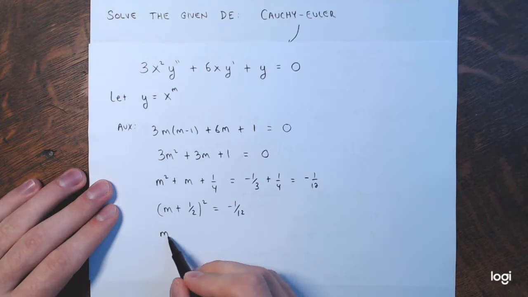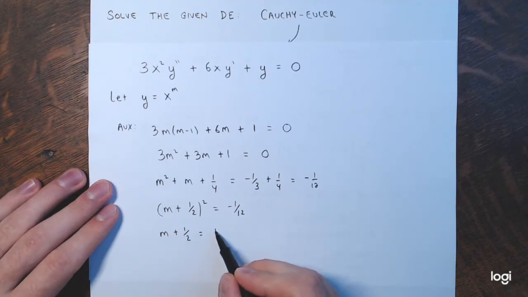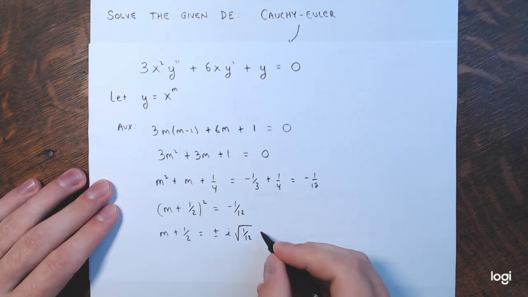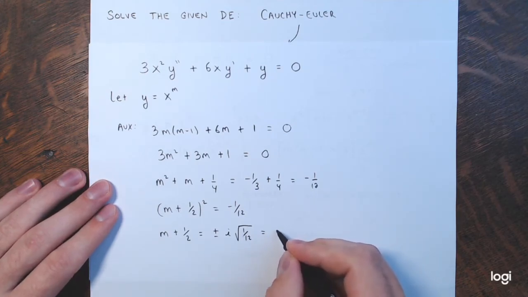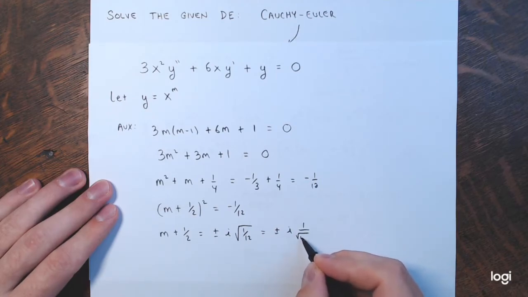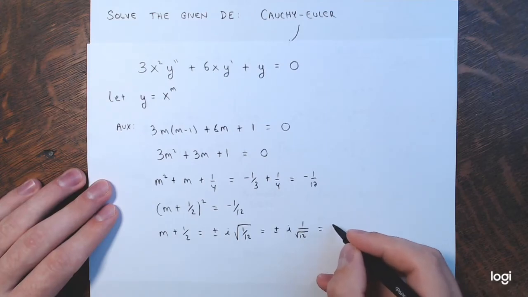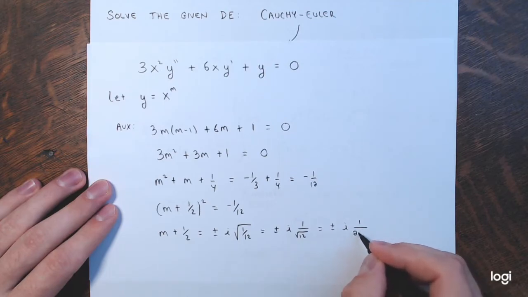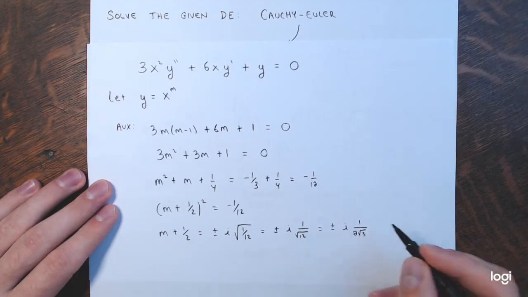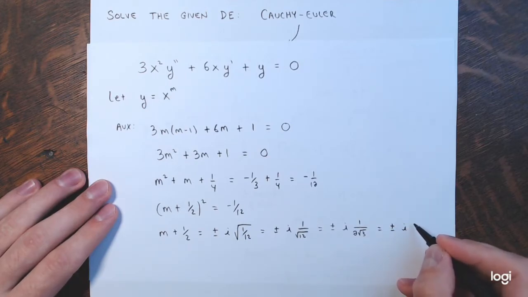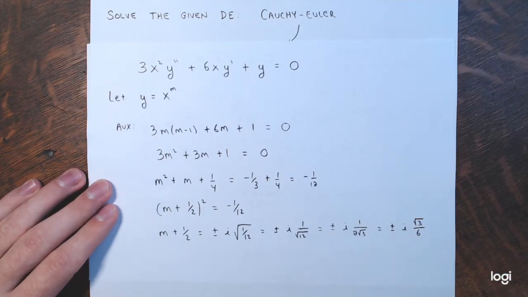And so we have m plus a half is positive or negative square root of a negative, which is going to have i attached. i times the square root of 1/12. Now, the square root of 1 is 1. So we have i times 1 over the square root of 12. And the square root of 12 simplifies: it is 2 times the square root of 3. And if I rationalize, multiply the top and bottom by the square root of 3, we get plus or minus i times the square root of 3 divided by 6.